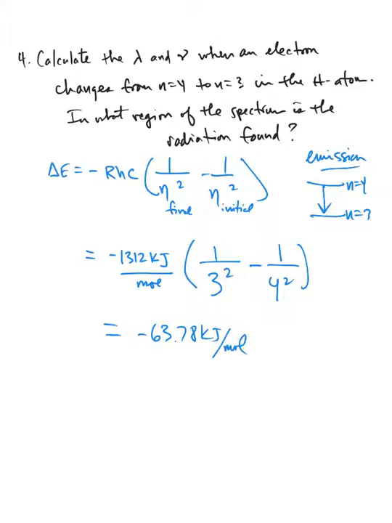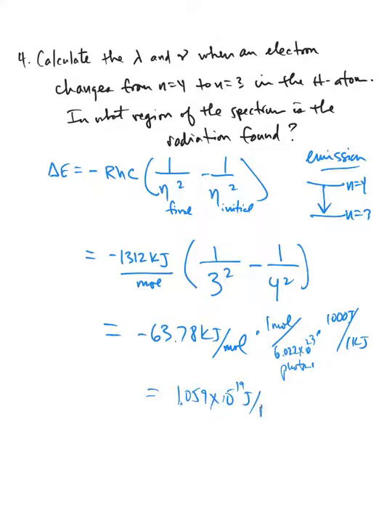But that's per mole. So what if I want to know the joules per photon, and then I could go to the wavelength and the frequency. So 1 mole is the same as 6.022 times 10 to the 23rd photons, and 1,000 joules is the same as 1 kilojoule, and that gives me 1.059 times 10 to the minus 19th joules per photon.